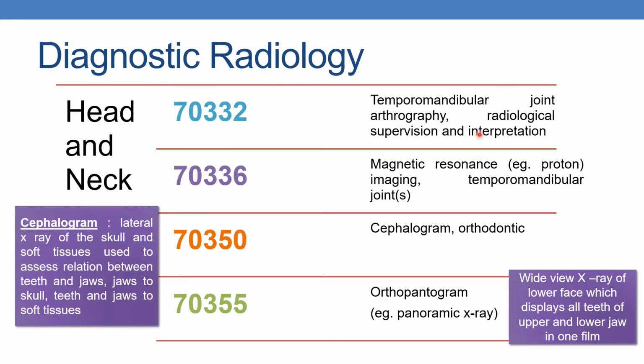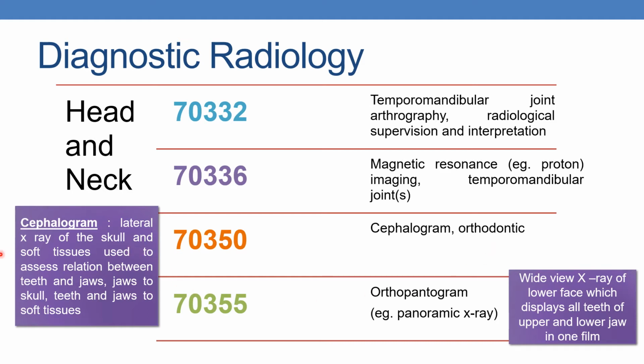It deals with temporomandibular joint arthrography, radiological supervision and interpretation. The next is 70336. Magnetic resonance (for example, proton) imaging, temporomandibular joint. MRI of the temporomandibular joint is given by 70336. The next is 70350, which is cephalogram, orthodontic.